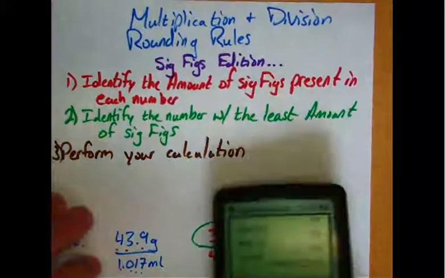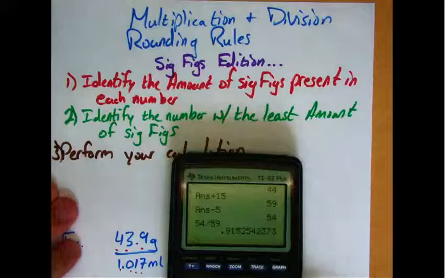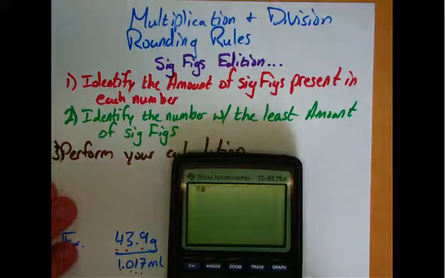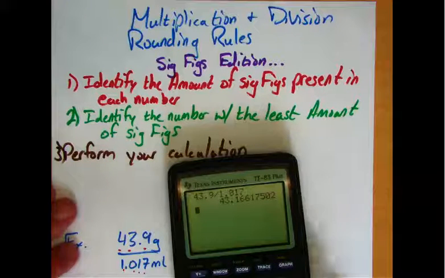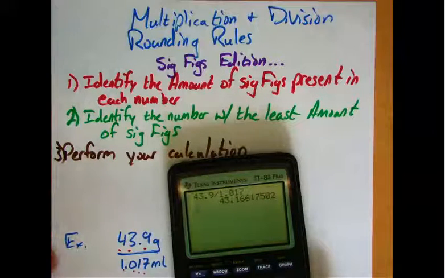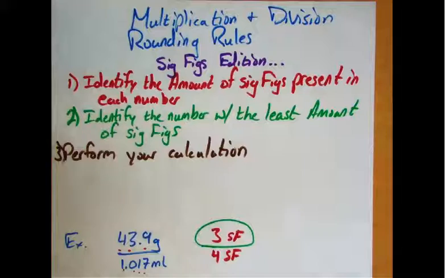Perform your calculation. I'm going to type in 43.9 divided by 1.017, which gives me this big, long, ugly number. Now, not every single one of those digits is significant, so we need to round appropriately.